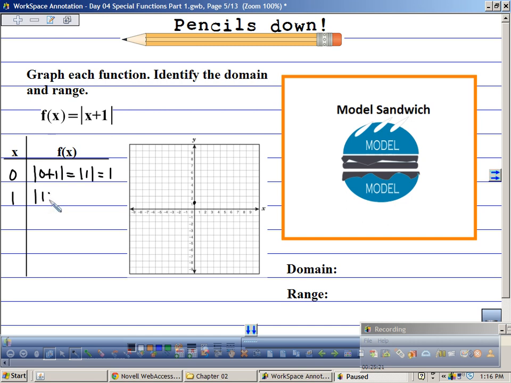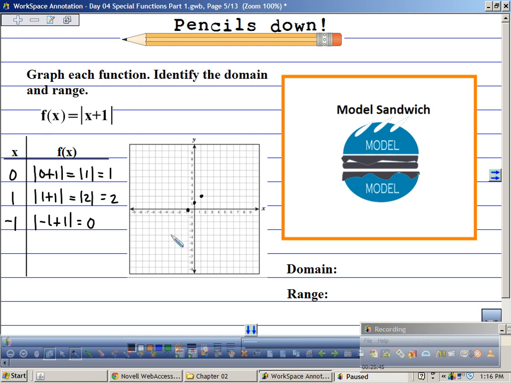So the absolute value of 1 plus 1 is the absolute value of 2, which is 2. 1, 2. Starting to go in a straight line, right? Let's try negative 1 and see what happens. If I substitute in negative 1 plus 1, I get 0. Negative 1, 0. We've got a V shape, right?